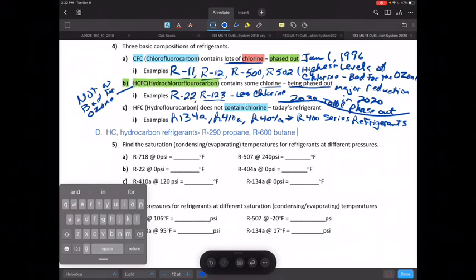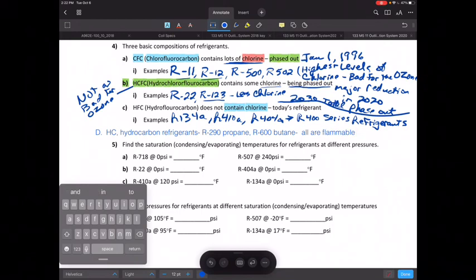Now, can you think of anything wrong with using hydrocarbon or HC refrigerants? I can think of one thing that would come to mind specifically: all of them are flammable. All of them are flammable.